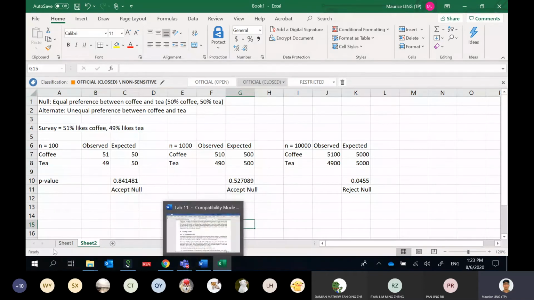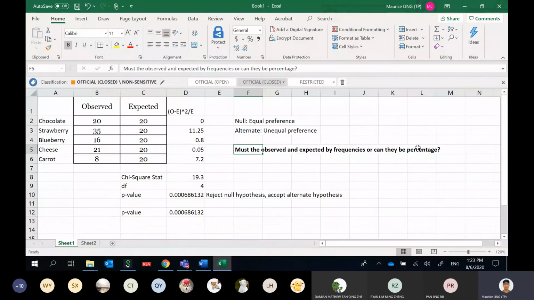So back to the question. Must it be observed by frequency or can it be percentage? So the answer is no, it must be by frequencies. It cannot be by percentage. Okay, so who is the first person I asked just now? All of you get why it is?